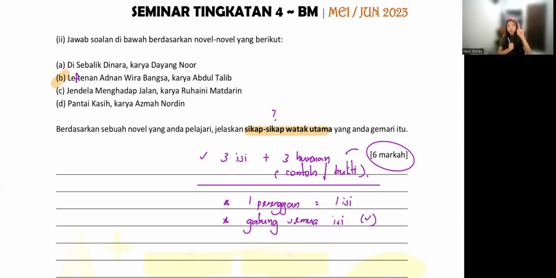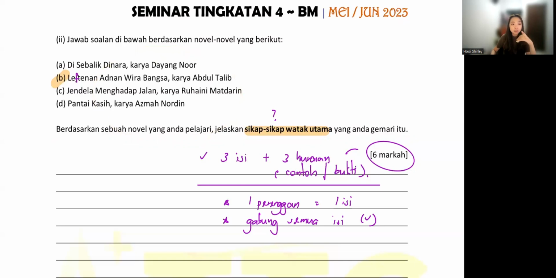And then one thing, because I realized a lot of students will, teachers, we need to write full sentence, cannot ayat tergantung, right? Yeah, so berdasarkan sebuah novel yang saya pelajari, dan sikap-sikap watak utama yang saya gemari itu, wrong. Where is the novel? So you may say berdasarkan sebuah novel yang saya pelajari, write it out.